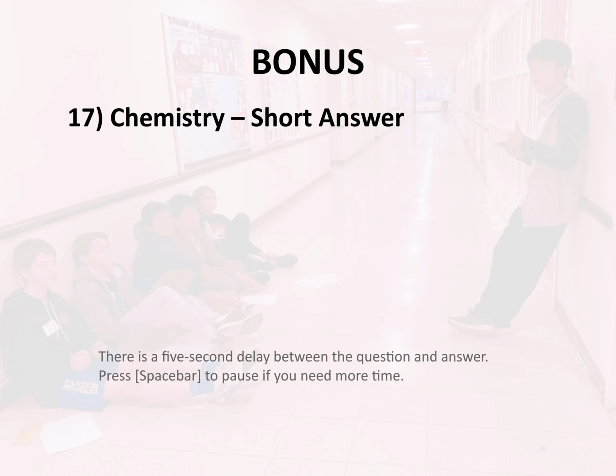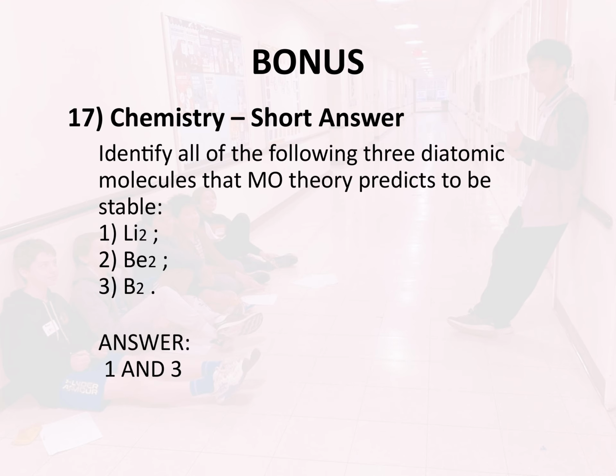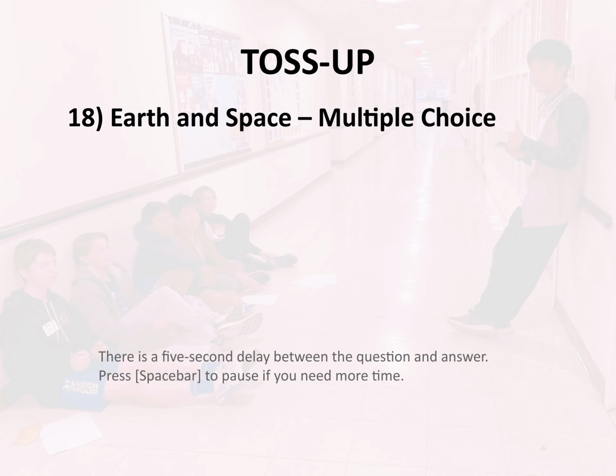Bonus 17. Chemistry, short answer. Identify all of the following 3 diatomic molecules that MO theory predicts to be stable. 1. Li2, 2. Be2, 3. B2. Answer: 1 and 3. Toss-up 18.